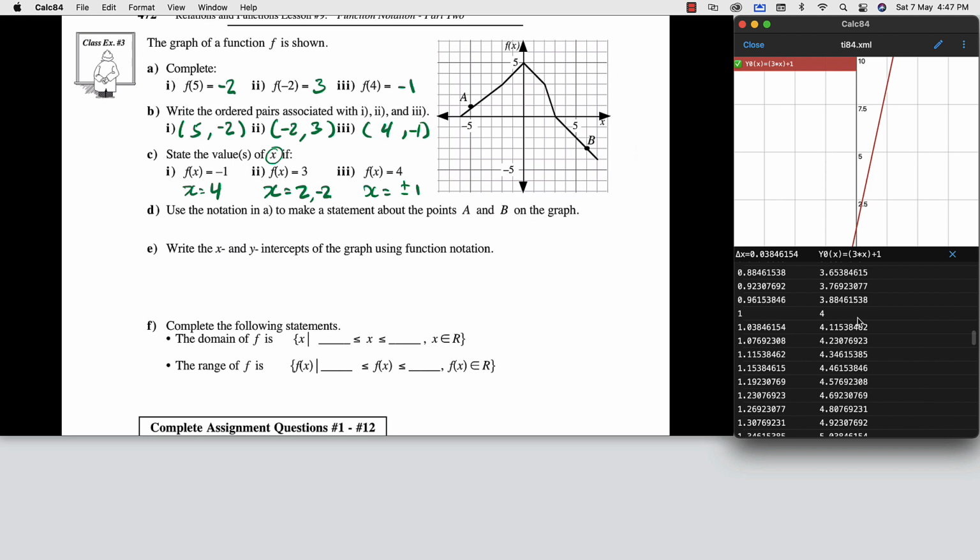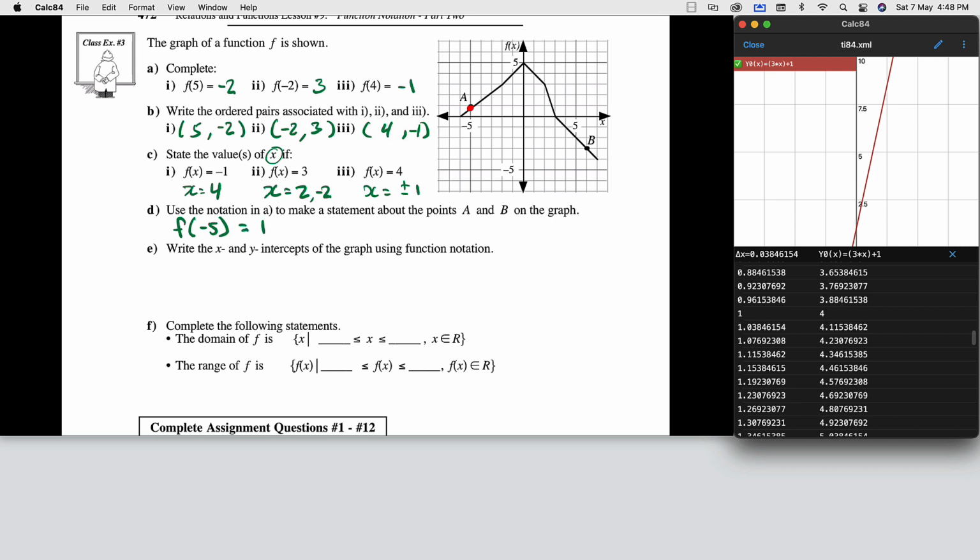Okay, part D. Use the notation in A to make a statement about points A and B on the graph. Point A is f of 2 equals 1.